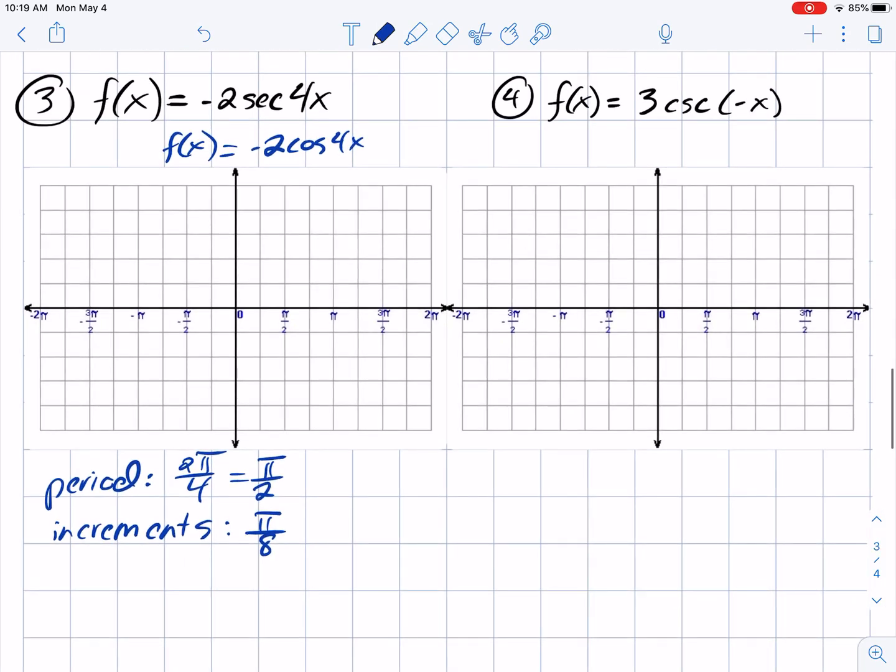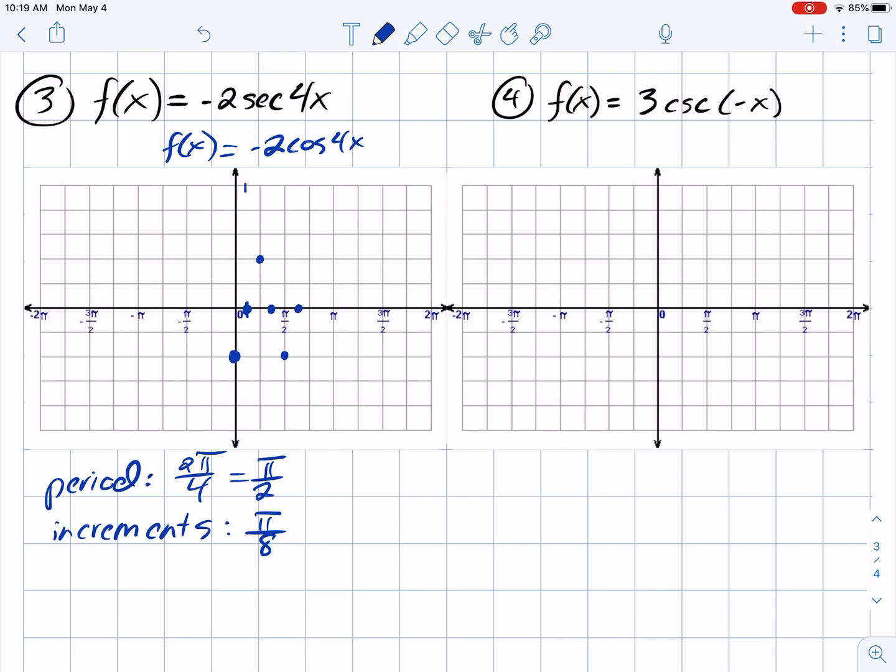Let's go graph these on here. Normally, we would be starting up here at 1, but it's a -2 for cosine, so now we're going to go down. Every pi over 8, so this is a pi over 8, then another pi over 8, here, back up.